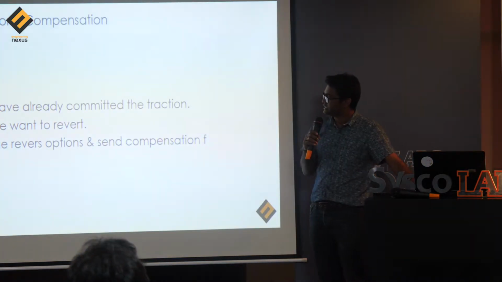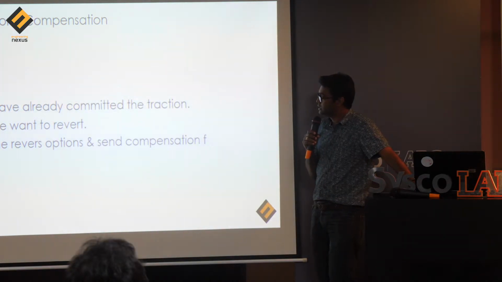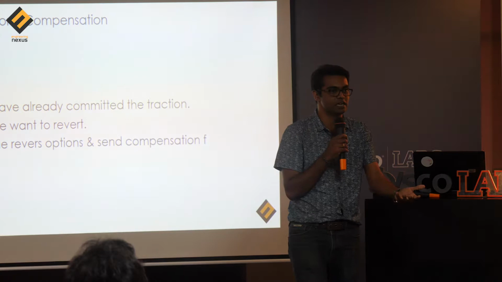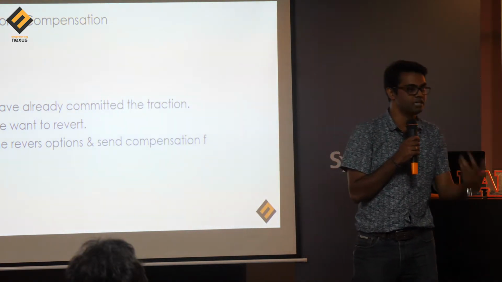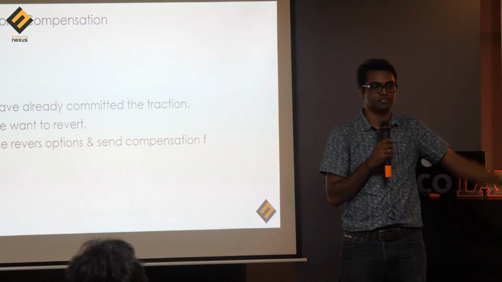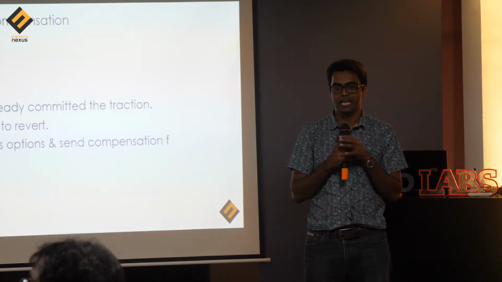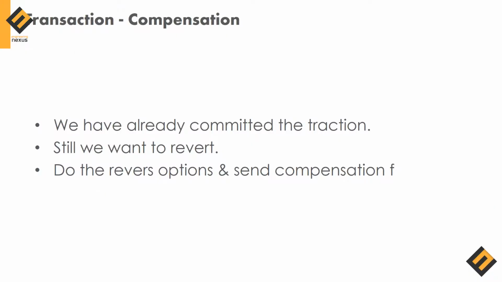There are worst case scenarios. Imagine it's a database transaction. You have done a transaction, you have committed, you have sent a mail to the customer saying your transaction is successful, but there can still be cases where you want to revert everything. You can do a revert transaction, but what do you do about the mail you have already sent to a customer?